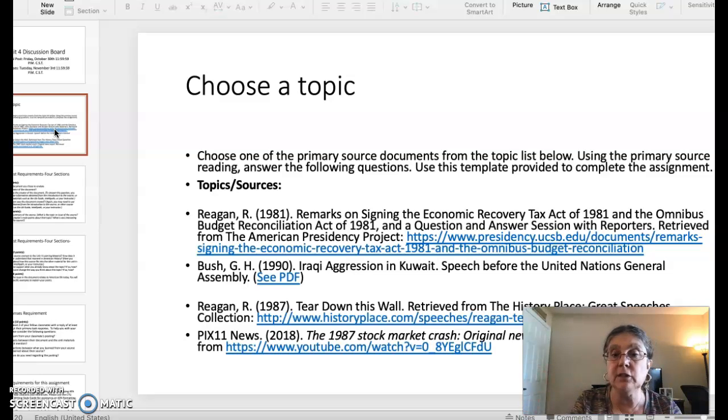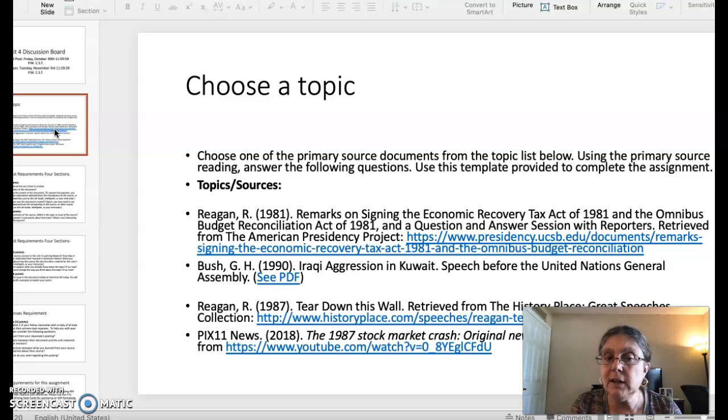Okay, thirdly, the third topic you can choose from is Ronald Reagan's Tear Down This Wall speech, which was given in June of 1987 in front of the Berlin Wall. This is the end of the Cold War, the fall of the Berlin Wall topic in Unit 4, excuse me. Sorry.